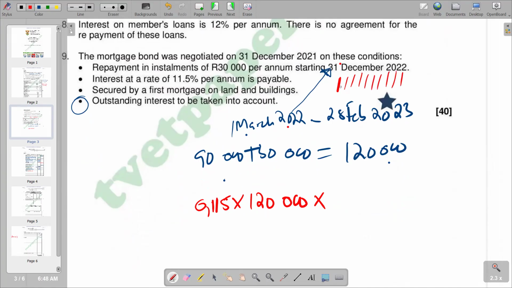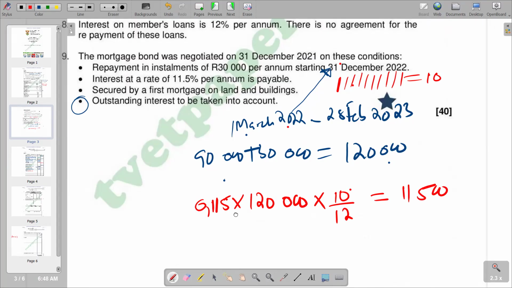So we have 1, 2, 3, 4, 5, 6, 7, 8, 9, 10. So we've got 10 months, so it's 10 over 12 months in a year. We calculate it like that, and the figure that we are going to get is 11,500. This is only for 10 months.